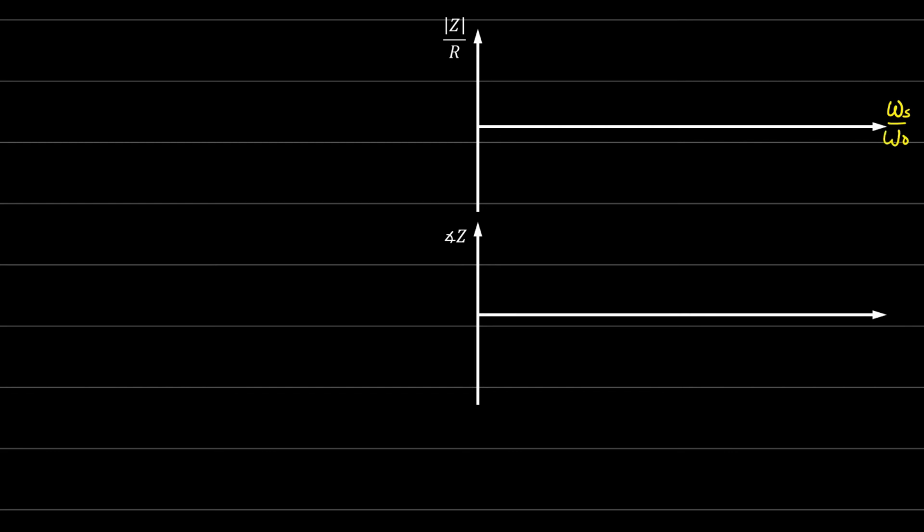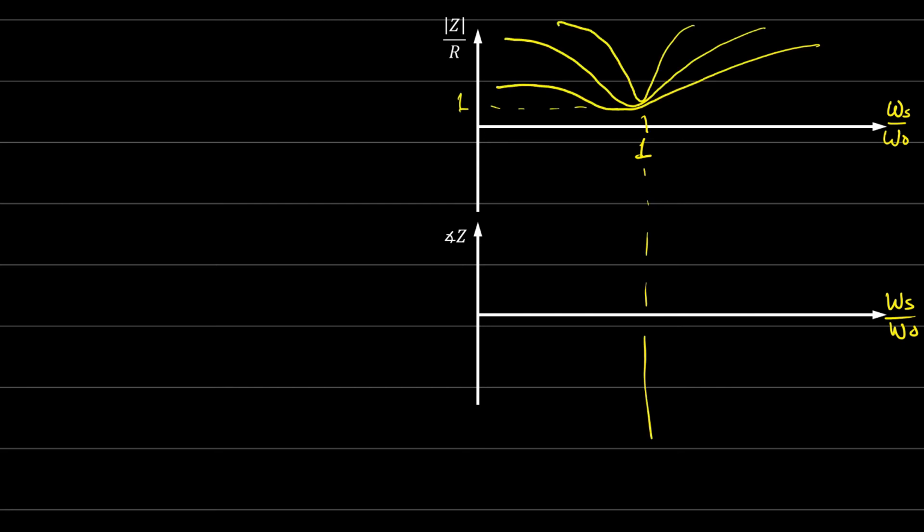Now let's draw the relation between the frequency, the normalized frequency, omega s over omega naught. Now from this figure we understand that the resonance occurs when omega s over omega naught is equal to 1. So this is 1, and this is again omega s over omega naught. And here we'll draw this one versus the impedance over R and the angle of the impedance. You'll find that for this series resonant inverter, the curve will look like this.